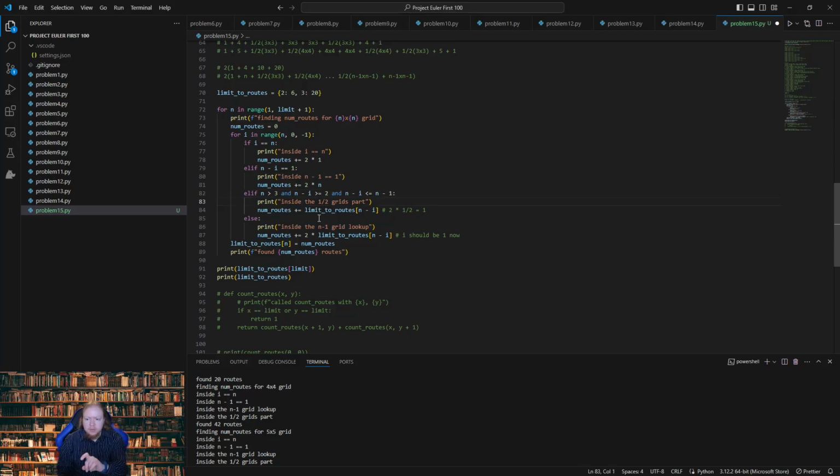So let's see if it went through the correct order. Now, again, looking at the 4 by 4 first. Okay, so it went through the half grids part twice.